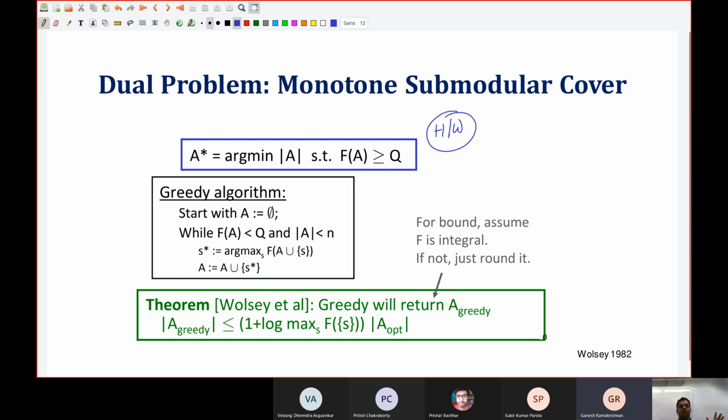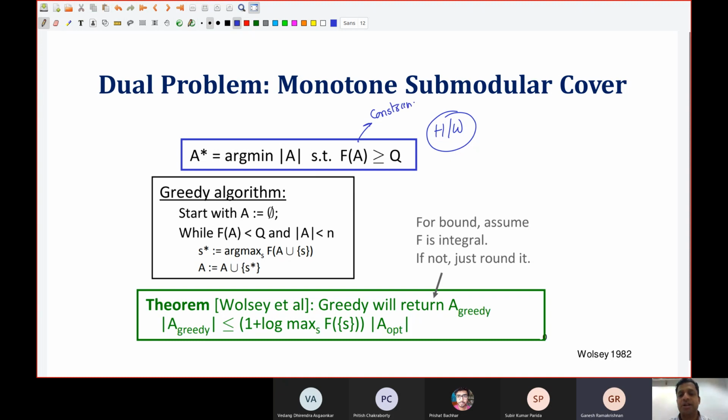So this is a dual problem. What is a dual problem here? In fact, I would encourage as a homework to try and code it up. It's a simple idea, and we have tried this out. So the dual problem is that I put the submodular function in my constraint.